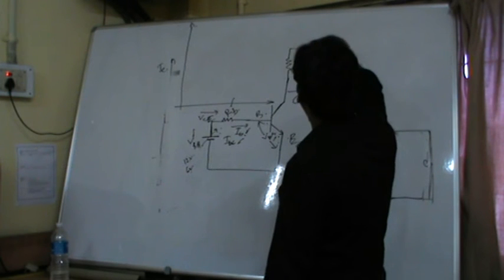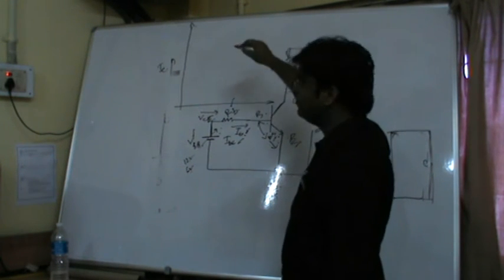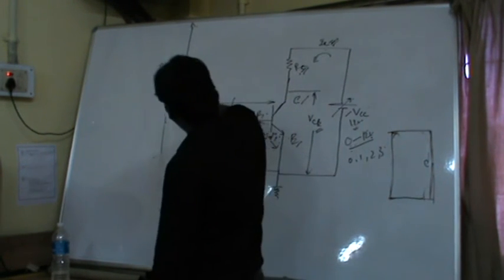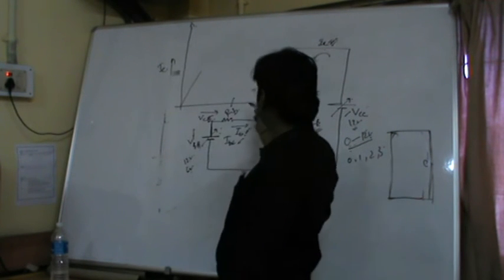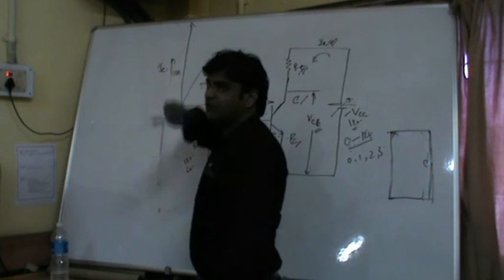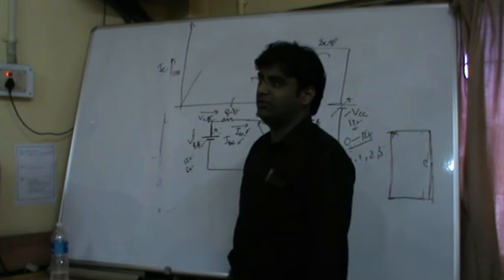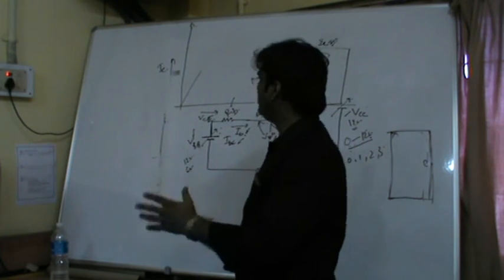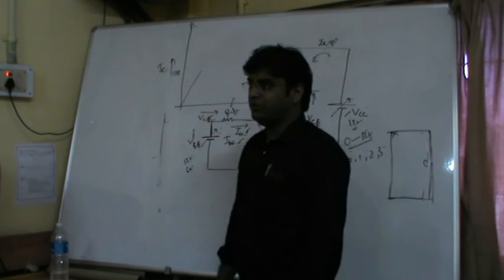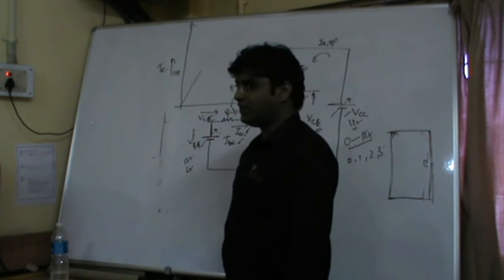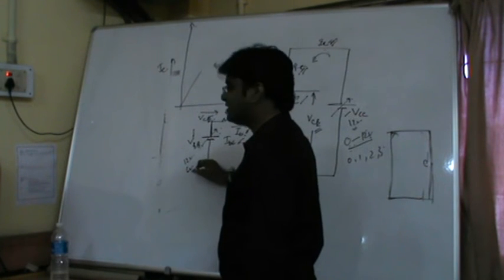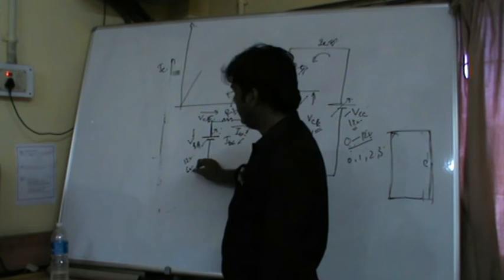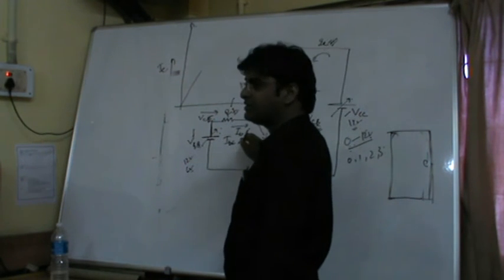IC is changing like that. As VCE is changing, IC is also changing. Okay? After a certain period, the VB is at 6 volt. Okay? So IB is 6.